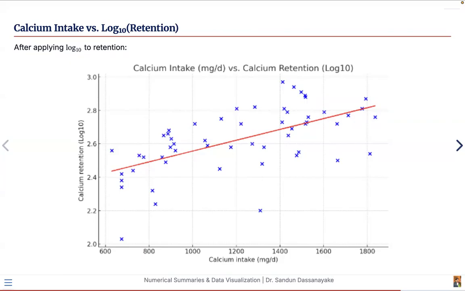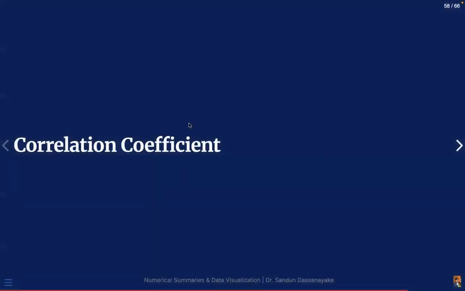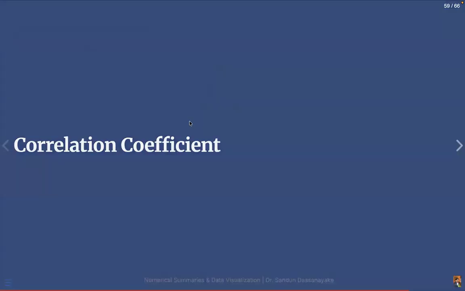You have to look at the data, look at the outliers, plot them to understand the distribution, and look at the relationships. If they are not in the line that you expect as a researcher, then you might have to do a transformation and see how closely they can be modeled with some certainty. Now let's look at what the correlation coefficient is.